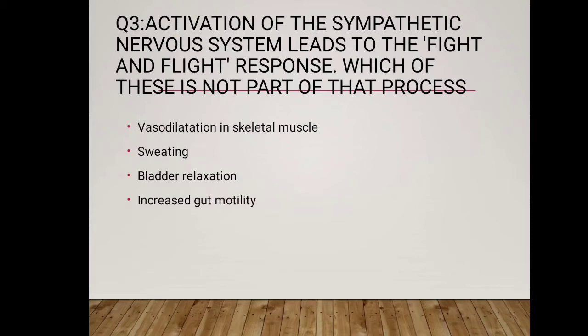Vasodilation in skeletal muscles, sweating, and bladder relaxation are part of the sympathetic activation. Increased gut motility is not caused by activation of the sympathetic nervous system. So the right answer is increased gut motility.